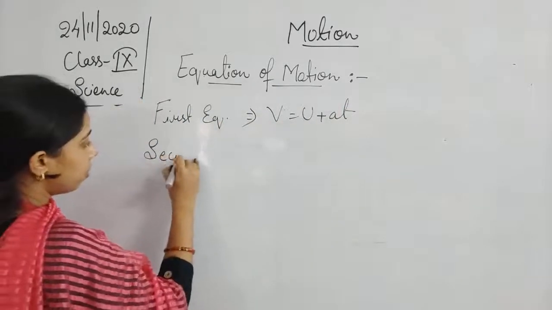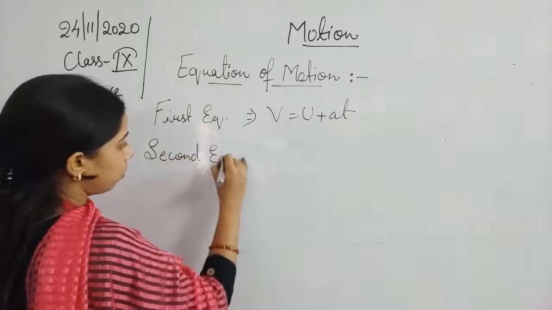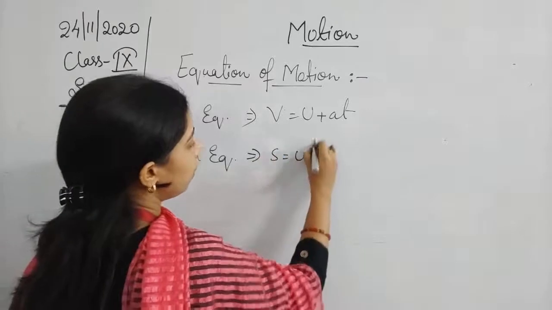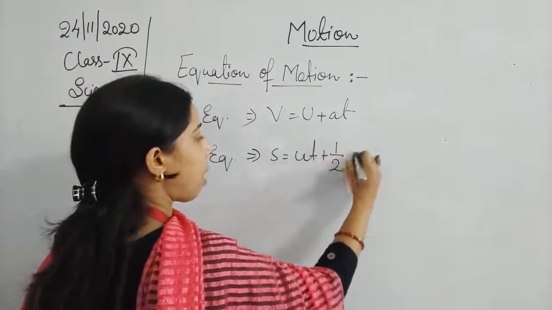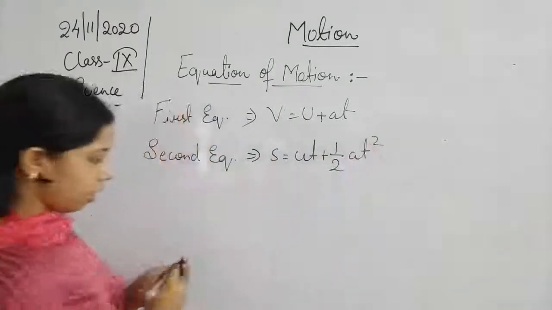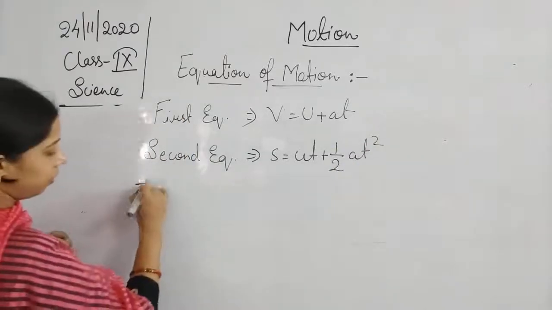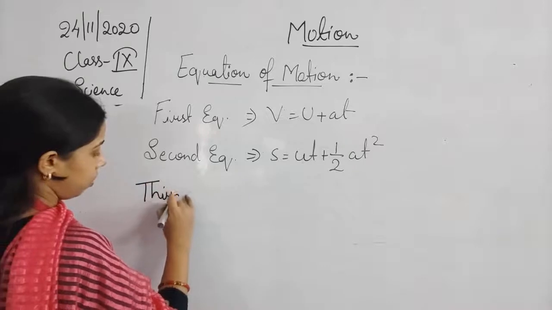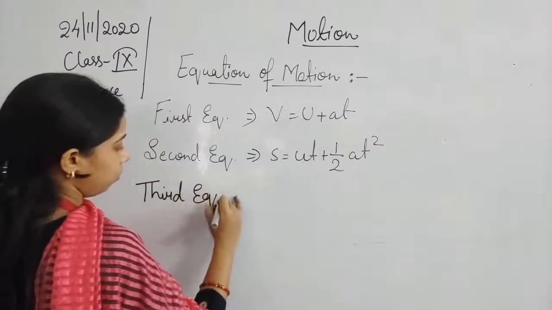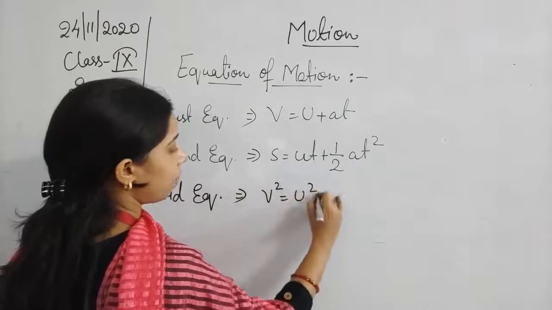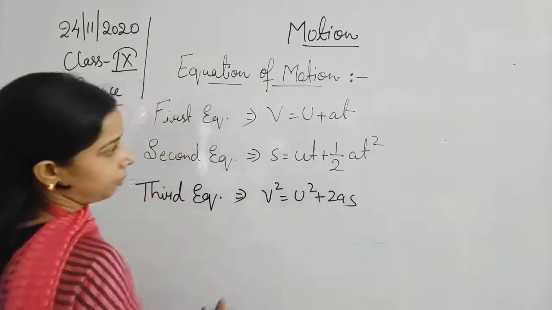Second equation is s is equal to ut plus half at square, and the third one is v square is equal to u square plus 2as.